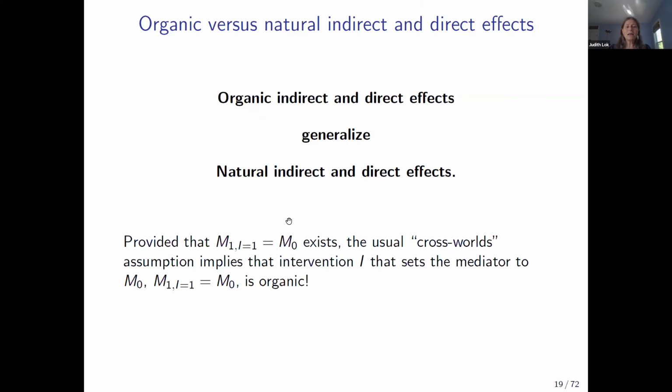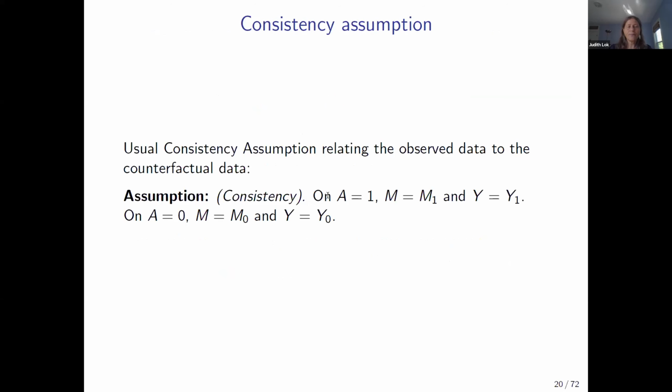If this intervention exists, the usual crossroads assumption implies that the intervention I that sets the mediator to M0, so this particular intervention, is in fact an organic intervention. So the organic indirect and direct effects generalize natural indirect and direct effects.